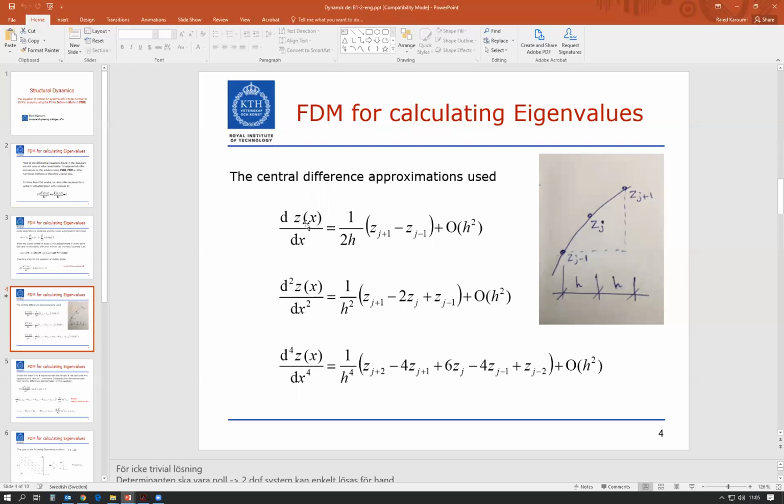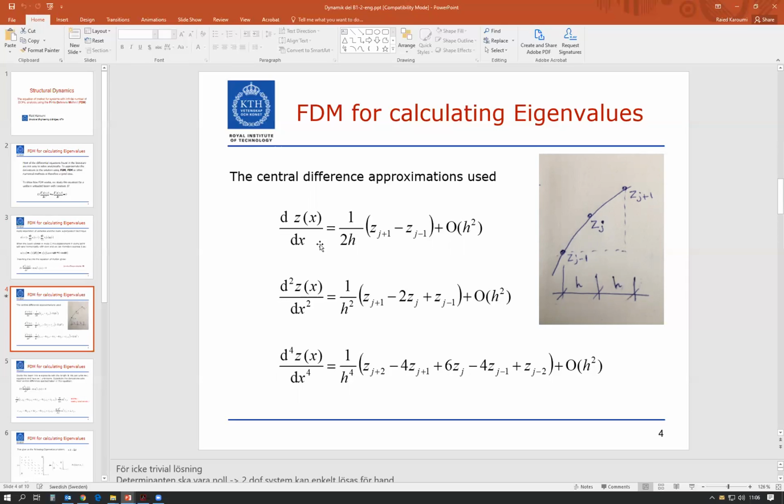When you want to calculate the slope at a point, if you want to calculate the slope at this point, zj, if you have divided this curve into segments of edge length h, you can take the height of this point minus the height of that point, which will give you this distance, and divide this with this distance, which is 2h, okay? And then you can calculate the slope, dz/dx.